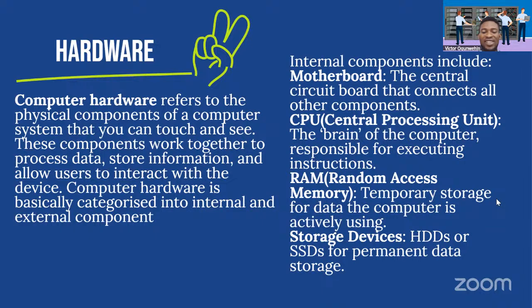The SSD is more sophisticated and more effective than the HDD. That's just the basic difference, and we might look at that deeper. For now, the basic function is permanent data storage. All your files, your applications, your external files, downloaded files, all of them are stored in these storage devices.